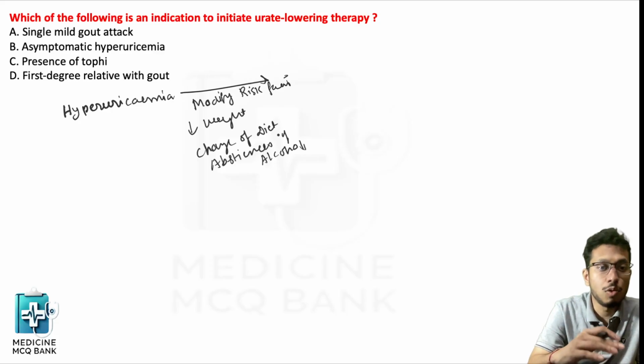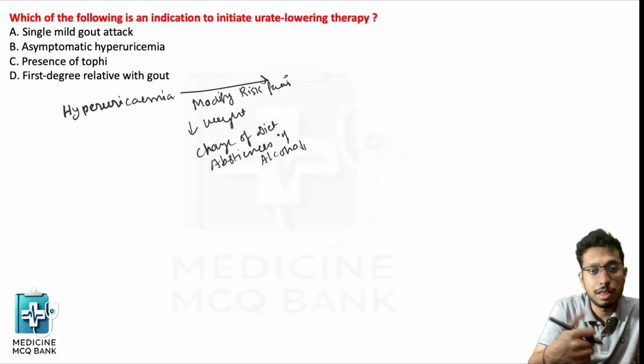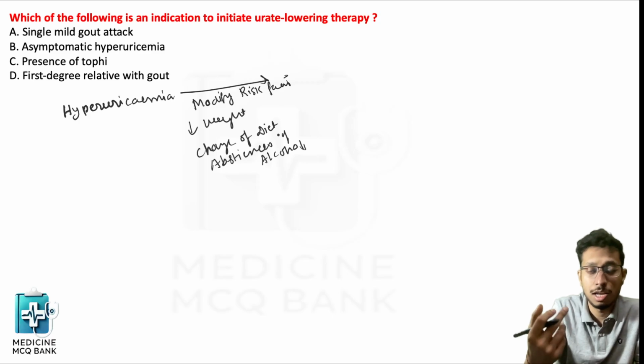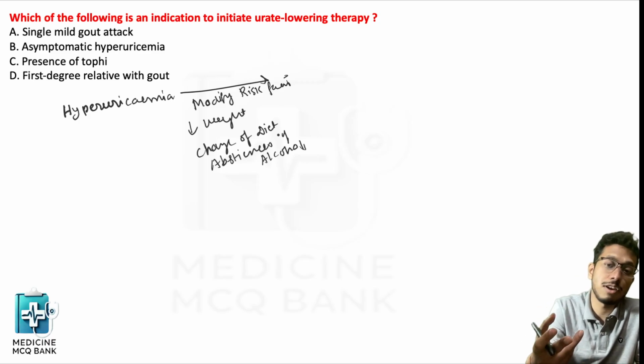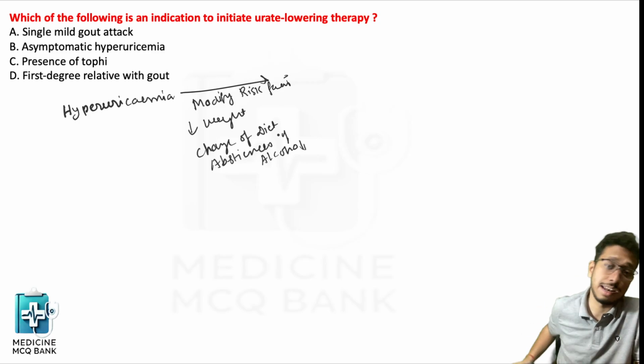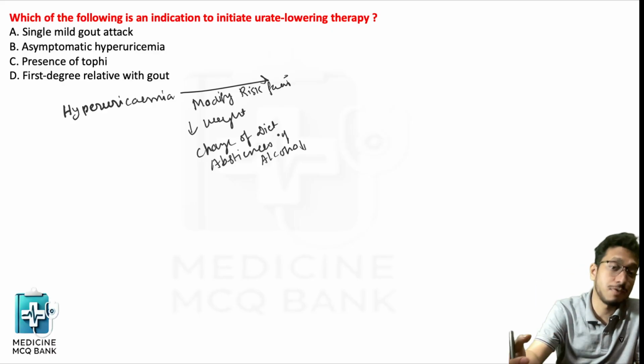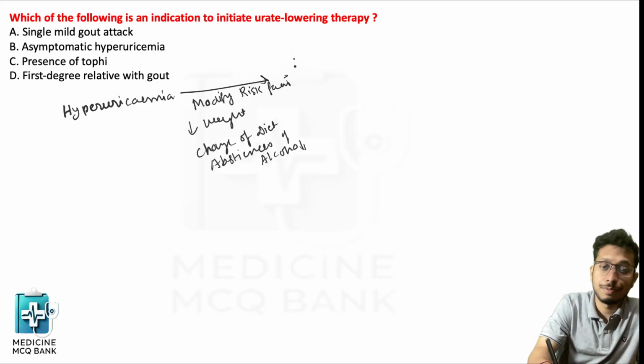If there is no improvement of uric acid level with weight control, healthy diet, reduced alcohol or fructose intake, avoiding medications like thiazide and loop diuretics, and the uric acid level is still high, like 9 or 10, and there are still chances of recurrent attacks, then obviously you start urate lowering therapy.